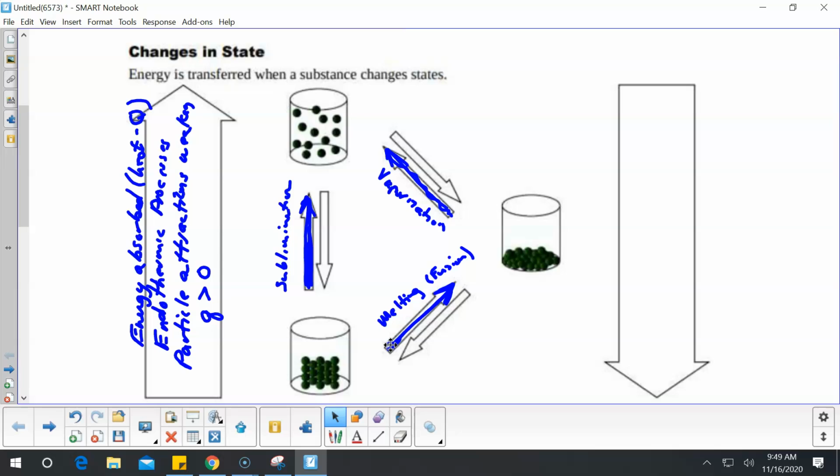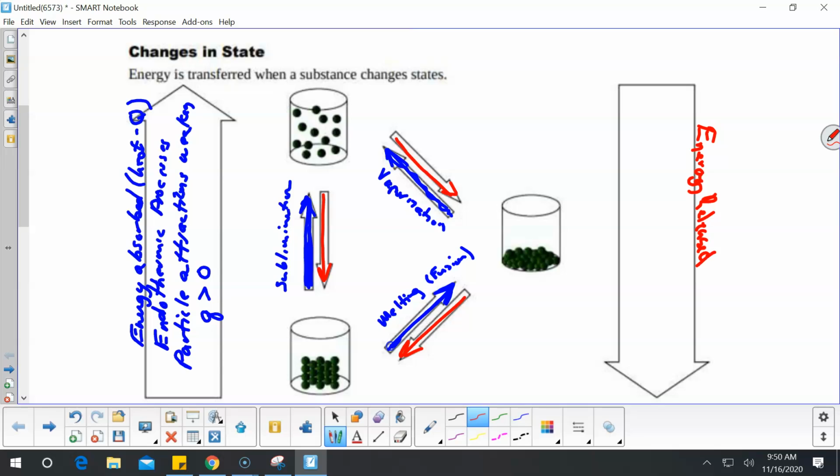If I do the reverse, so on the other side, this would be my arrows going this direction, downward. This would be the reverse. Energy is released. And we're still talking about heat energy. This is an exothermic process.